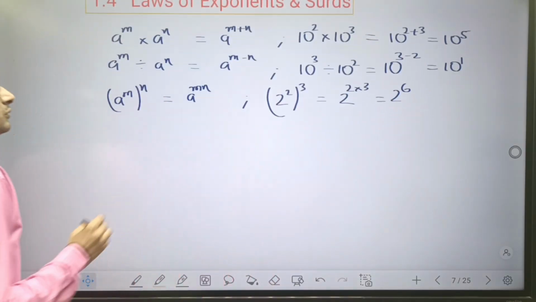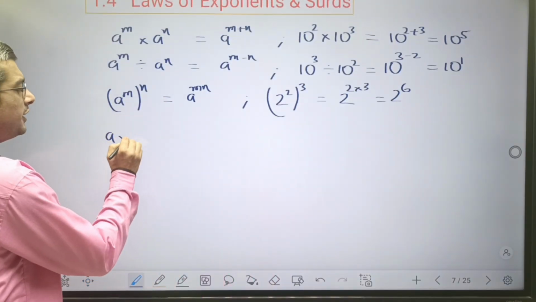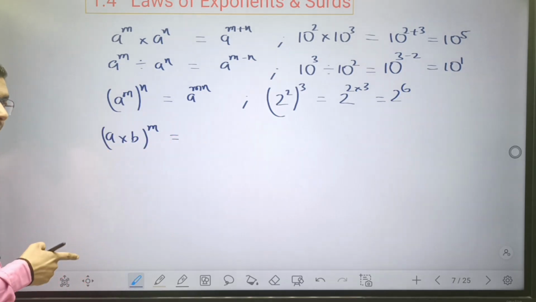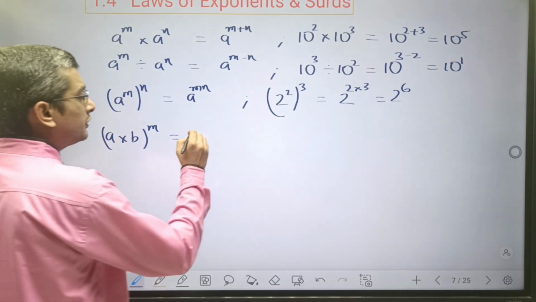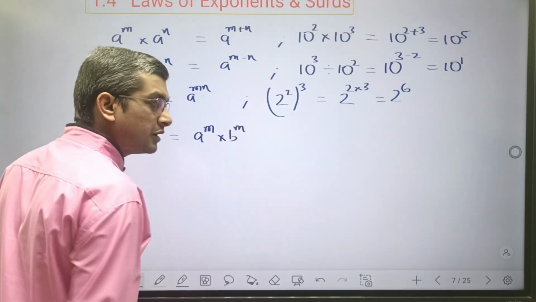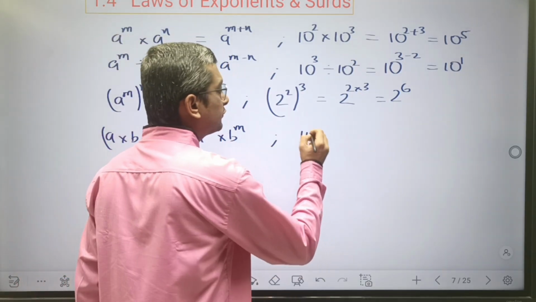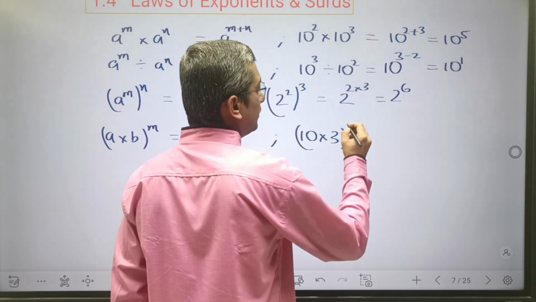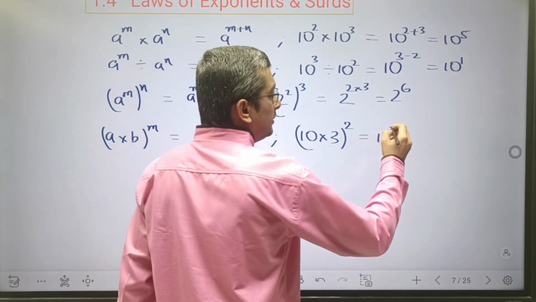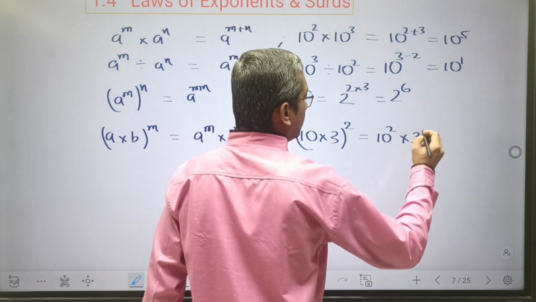Now, suppose a into b, whole to the power m. So there is multiplication, so this power will go to both the terms. That is, you can write a to the power m into b to the power m. For example, suppose 10 into 3 having power 2. So this 2 will come on base 10 as well as on base 3.